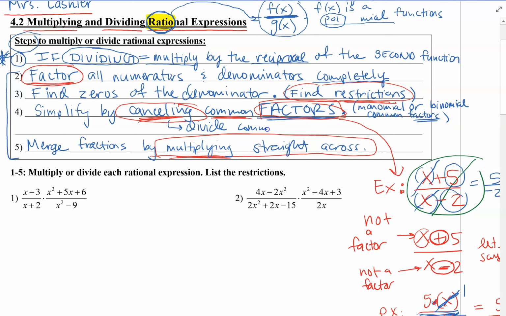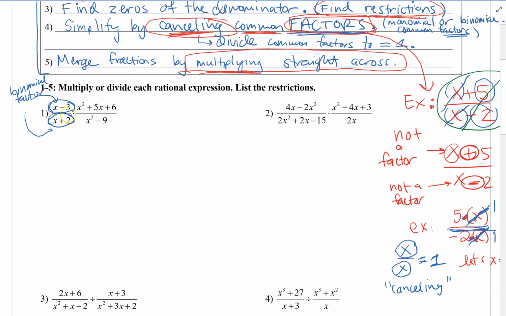So I can consider each of those a binomial factor. Okay, this is a binomial factor. And I'm going to put it in parentheses to remind myself that these have to stay together. They're connected to each other through addition or subtraction, and they have to stay as one binomial group. So that's why I have them written in parentheses.